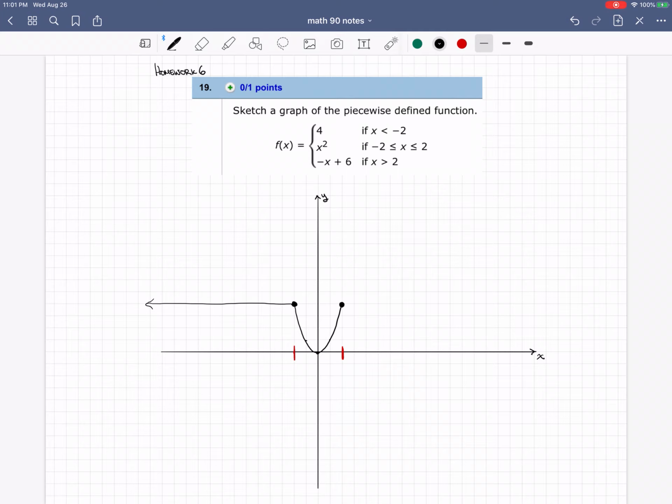So since we already have the seam point at 2, we only need one other one. So let's try, I don't know, when x is 4 or something. If x is 4 and I plug it into negative x plus 6, that becomes negative 4 plus 6, which is 2. So let's go ahead and connect those dots. So there that is. And again, this piece goes on forever, like so.